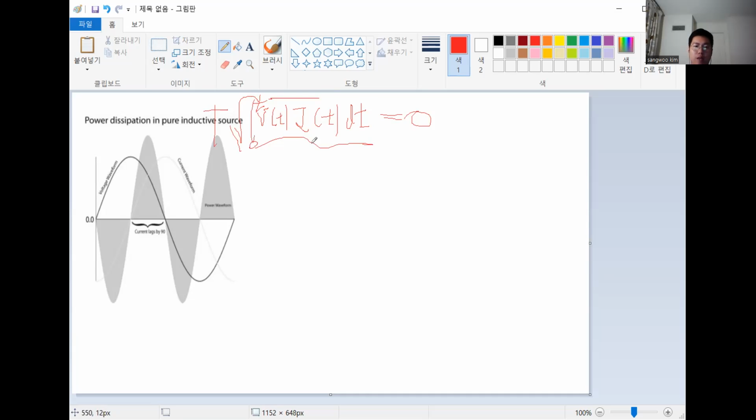If we make it an average value, which means plus here, plus here, plus here, plus here, the sum of the values is going to be 0.